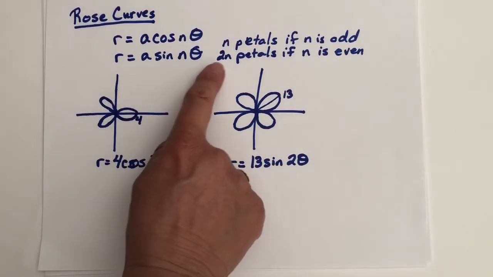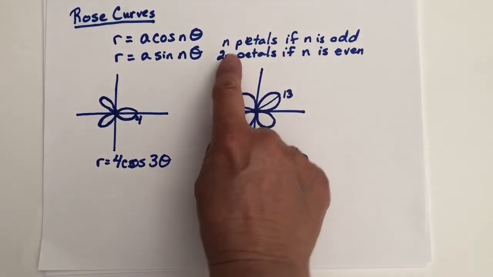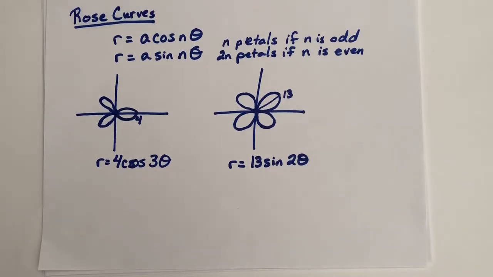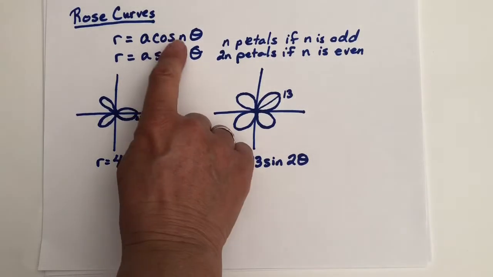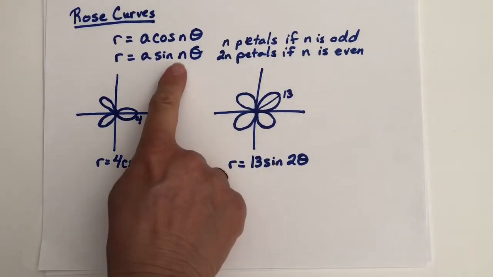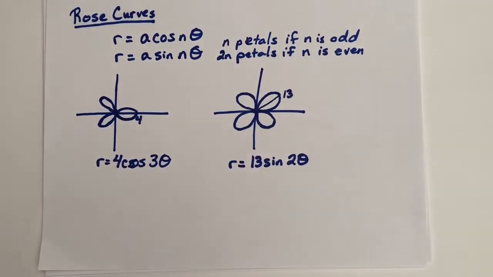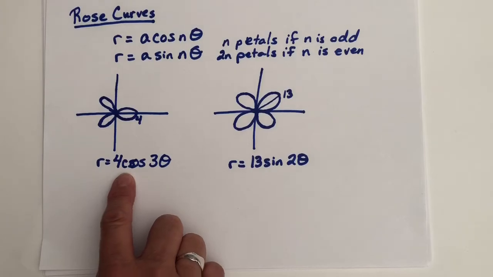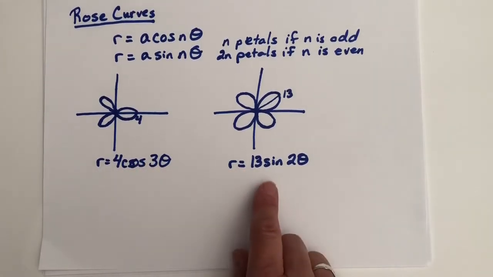And whether n is even or odd helps determine how many petals you have. If n is odd, you have n petals, and if n is even, you have 2n petals. And here is just an example of two different graphs that would be rose curves.